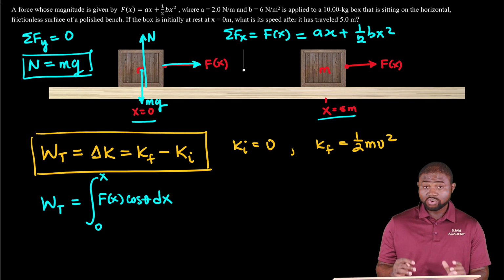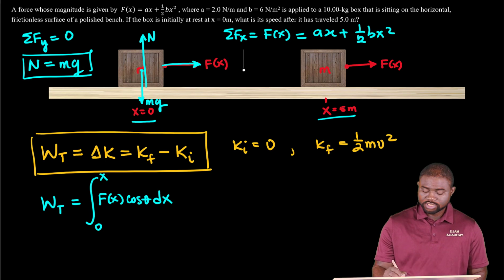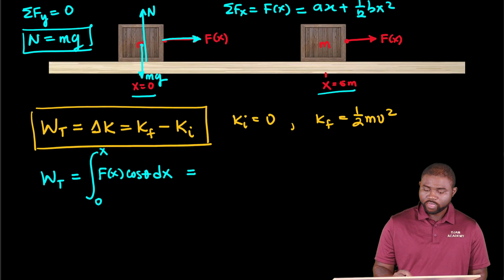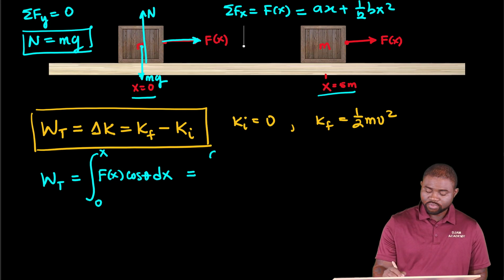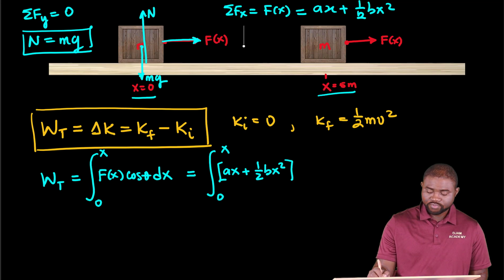Now, remember, theta is the angle between the force and the direction of motion. In this case, it's equal to 0. So that implies that we have the integral from 0 to x of Ax plus 1/2 Bx squared dx.